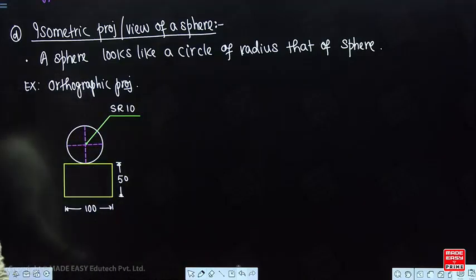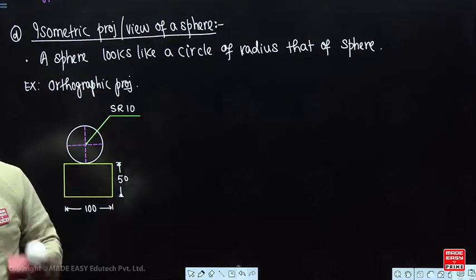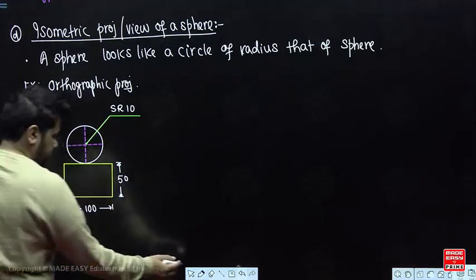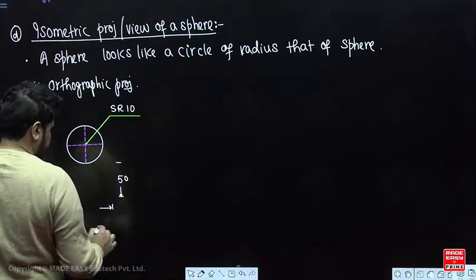Now this is the object. That means let us say this object is placed at one, okay, better if we take a square, because I have a square over here, right?